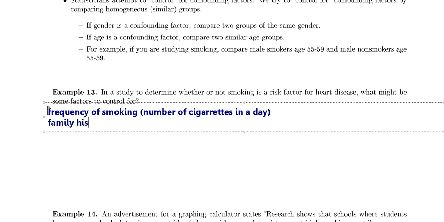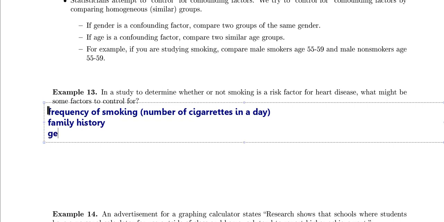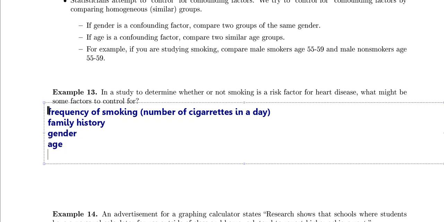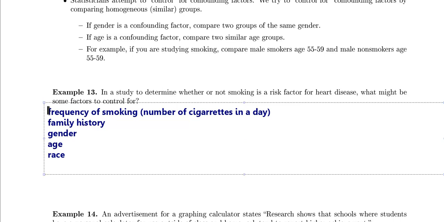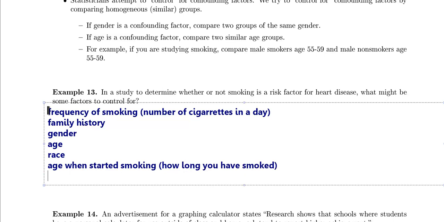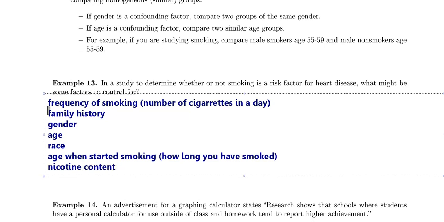Maybe family history, gender, age, race, the age when you started smoking, or just how long you smoked. And the nicotine content in what you're smoking. And maybe you can think of even more.